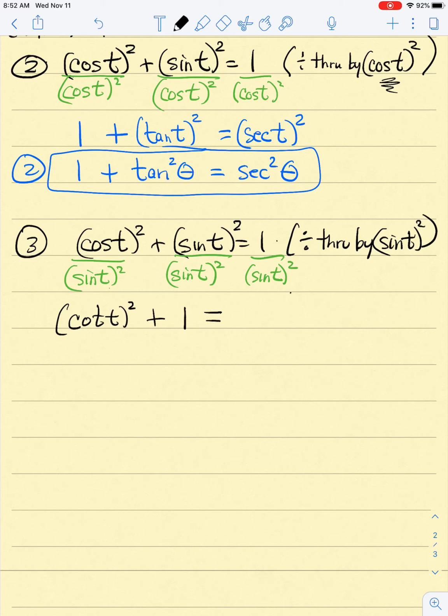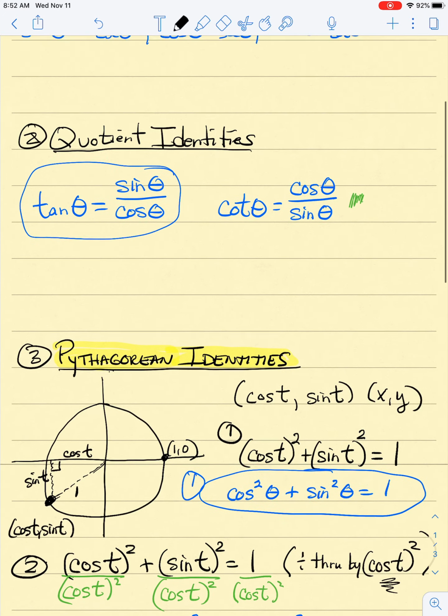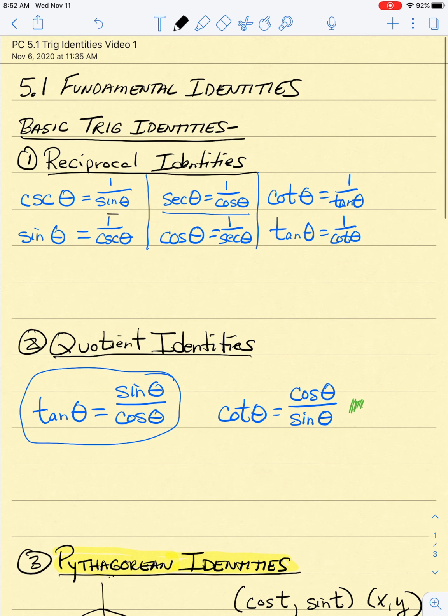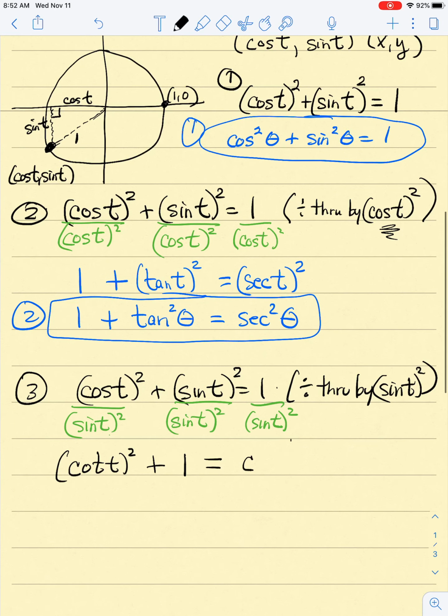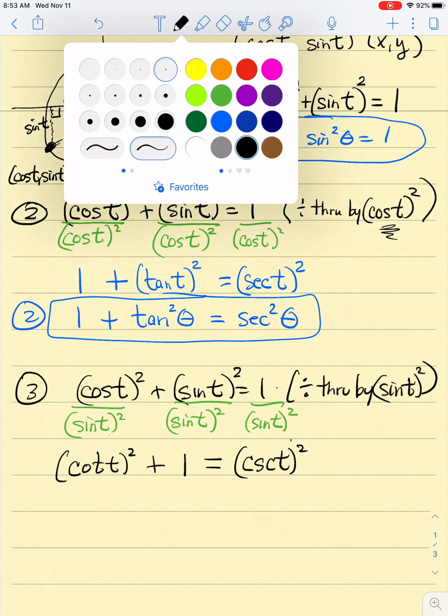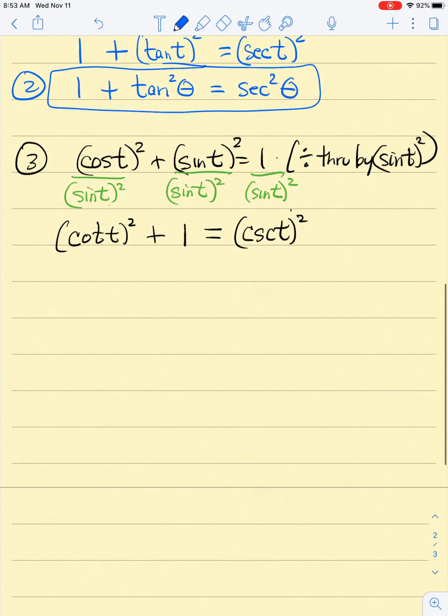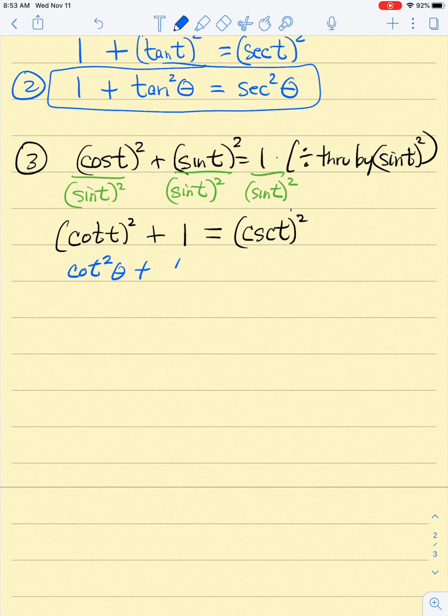Equals 1 over sine squared. 1 over sine, hey, right there, that's cosecant. Very cool. Cosecant squared. When I put the thetas in and clean this up a little bit, you're going to see it written as cotan squared theta plus 1 equals cosecant squared theta.